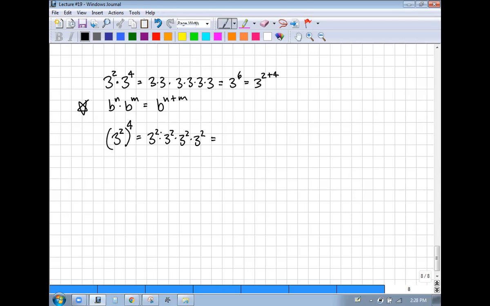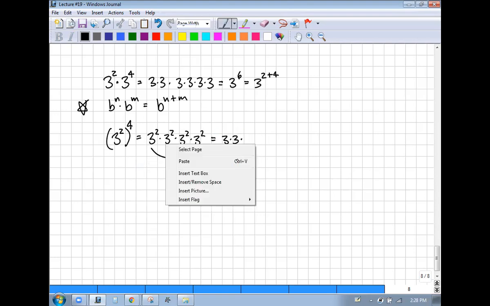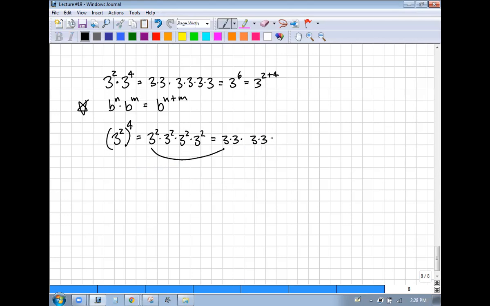Well, each one of these 3 squareds is just 3 times 3, right? So that's this. And I have times 3 times 3 times 3 times 3 times 3 times 3. So each one of these is just a 3 times a 3. Well, how many 3's do I have multiplied together here? I have 2, 4, 6, 8. 3 to the 8th.